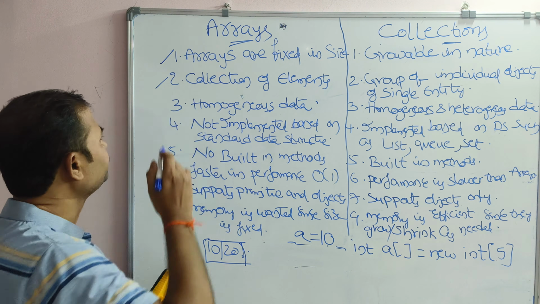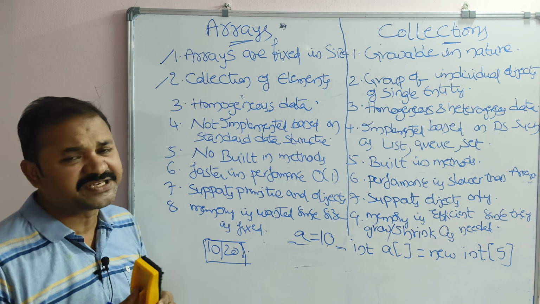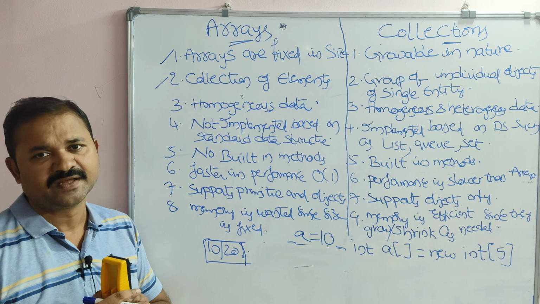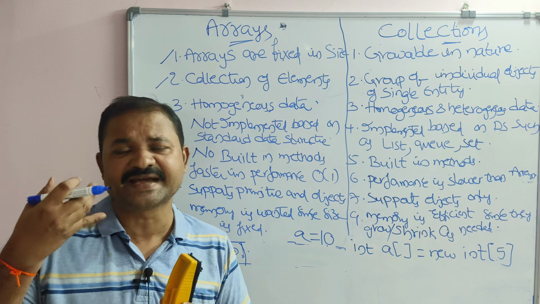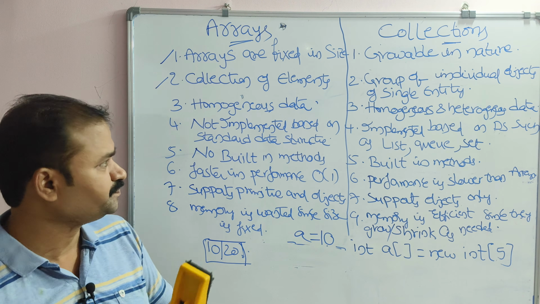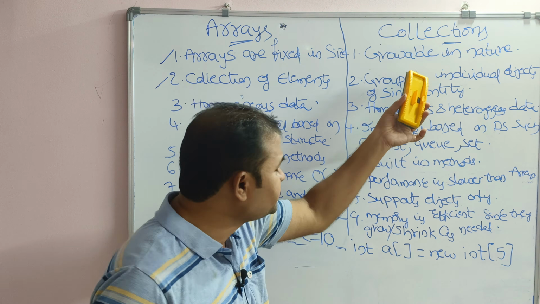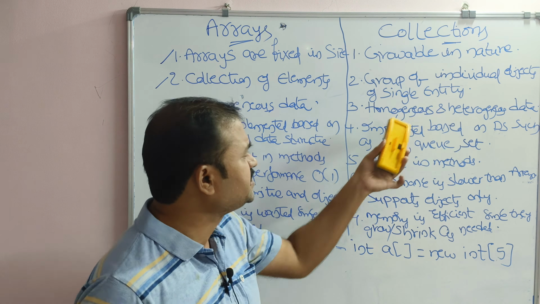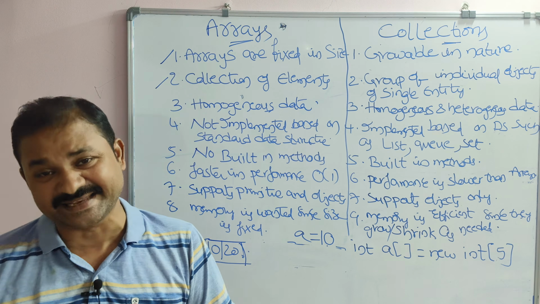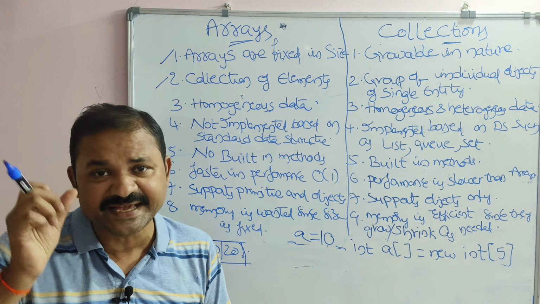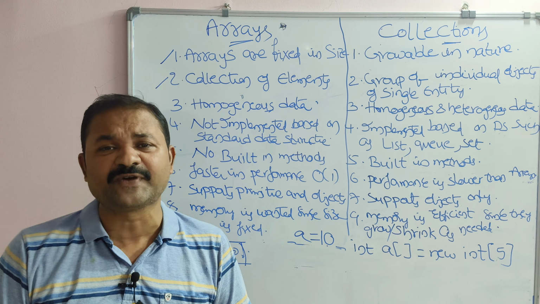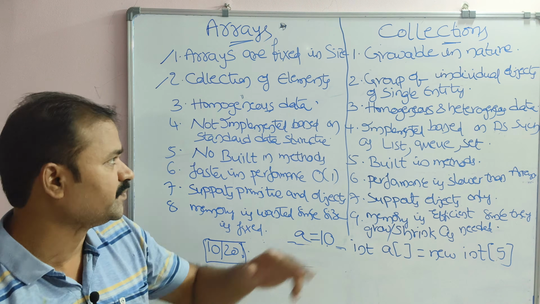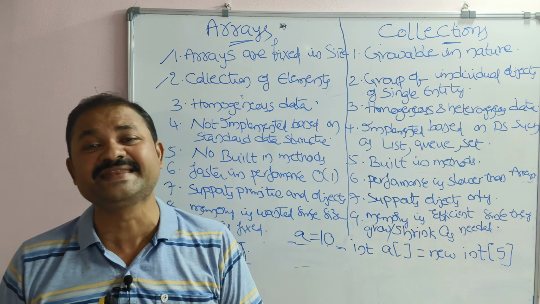Second difference: array is a collection of elements. We know the definition for the array. Array means collection of elements. Whereas collection is a group of individual objects under a single unit, a single entity.